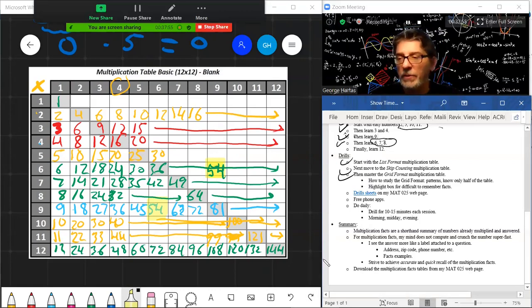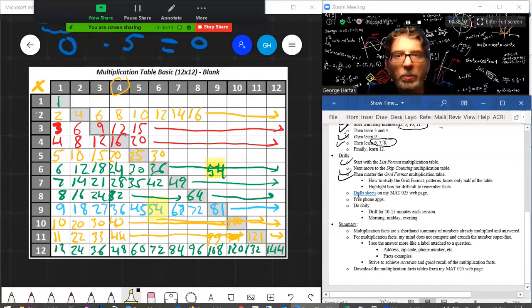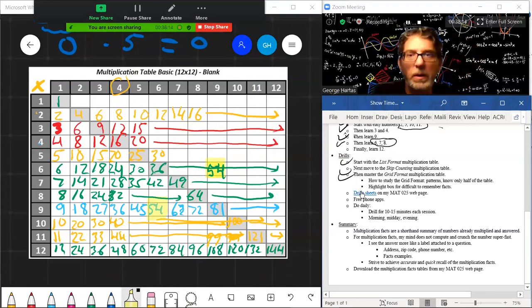Okay, now I have some drill sheets on my website. If you go under the MATO 25 webpage, I won't be able to pull it up here, will I? Let's see if it comes up here.